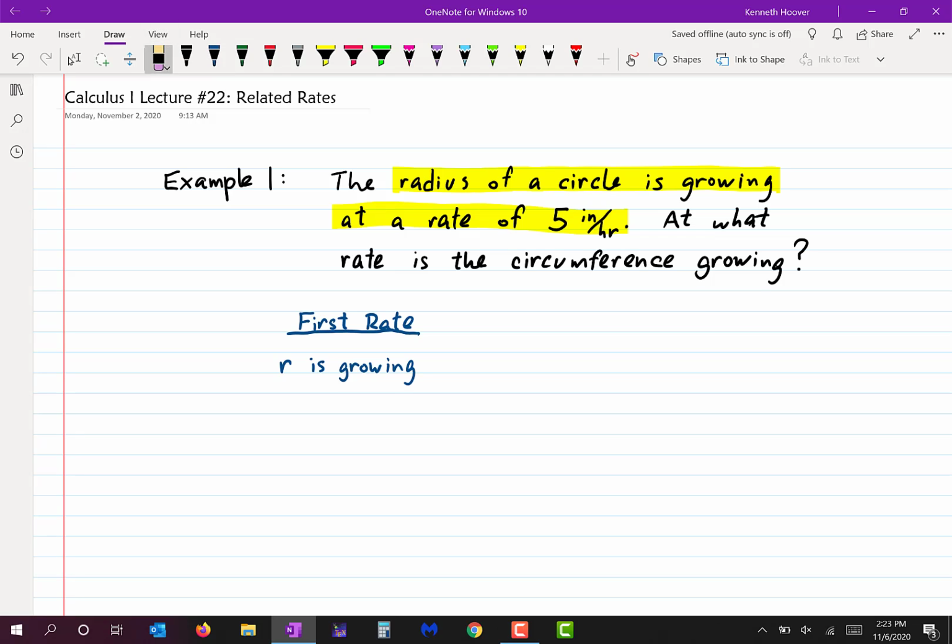Let's even do this. Instead of writing the word growing, let's just write changing. Because some of the problems, you're going to have things shrinking. So r is changing at a rate of, so what is it? It's 5 inches per hour.